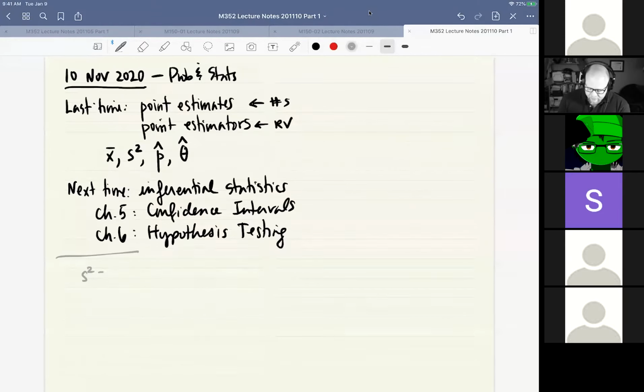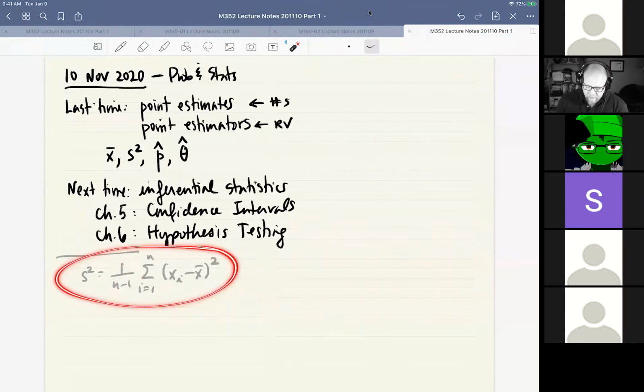So our definition of the sample variance is 1 over n minus 1, where n is the sample size, of the square of these errors, or the square of the deviations of our values from the sample mean. Right. So this is our standard point estimator for the variance of a random variable, the variance of a population.